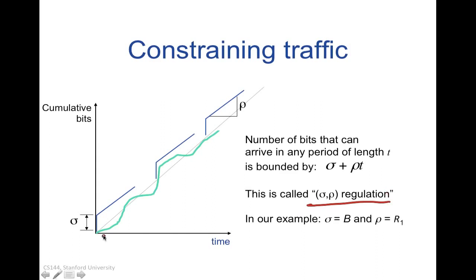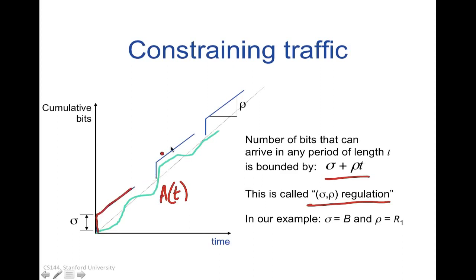So if this blue squiggly line here is our arrival process, our cumulative arrival process, A of t, I'm going to say that the number of bits that can arrive in any period of length t is bounded by sigma plus rho t. So this is just like my b plus r1 t equation just now. We can think of this as, at any time, we can draw that sigma plus rho t by this blue line here.